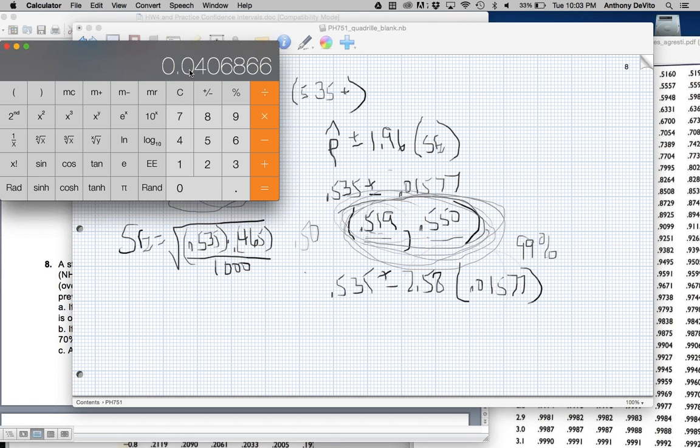If I subtract, let's see what happens now. I'm going to put this in, let me clear memory and put it in there. That's our margin of error now, 2.58 times 0.01577, assuming that's right. Okay, so I'm going to do my confidence interval now. It's going to be 0.535 minus our margin of error.